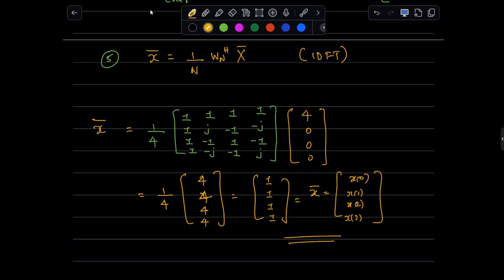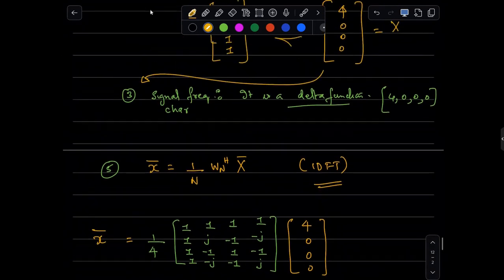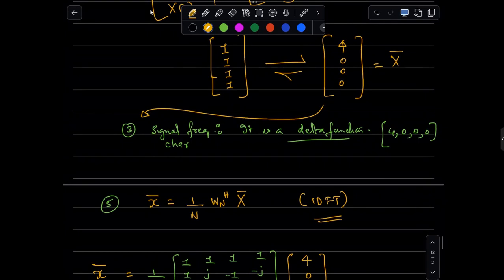So this process is for the IDFT, but you have to understand the signal frequency characteristics is similar to a DC. You know that in the continuous case, the DC signal has the Fourier transform delta of f, which is at f equal to 0.